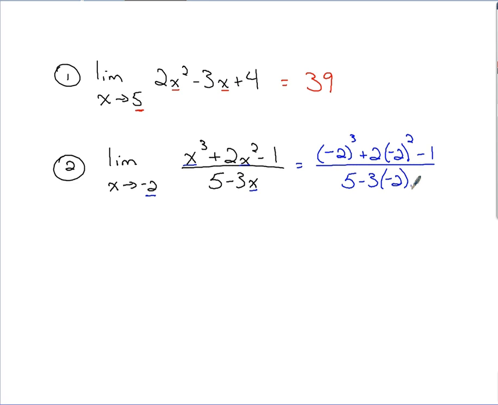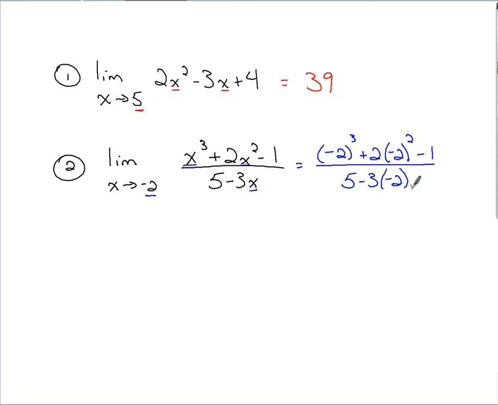Now, one thing I want you to understand also is this limit is telling me to take that negative 2 and plug in. And once I plug that negative 2 in, I'm done with that limit notation. I've applied that idea. So that's why over here, as you see all the substitution, there's no more limit notation. That's important, and it's going to become more and more important for us as we go along.